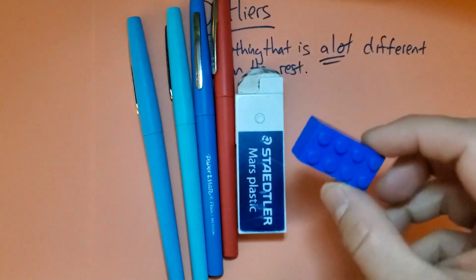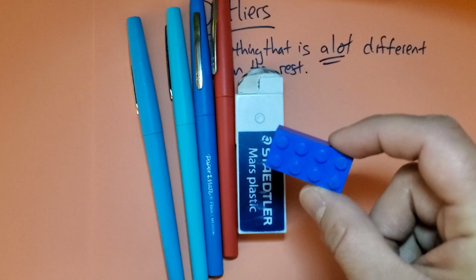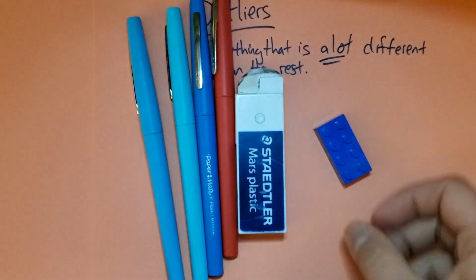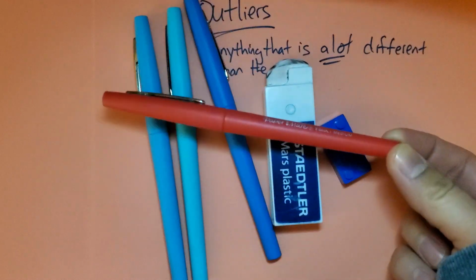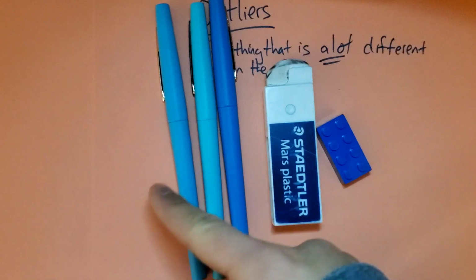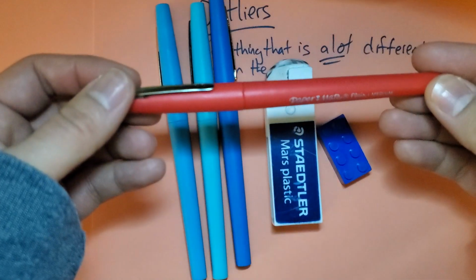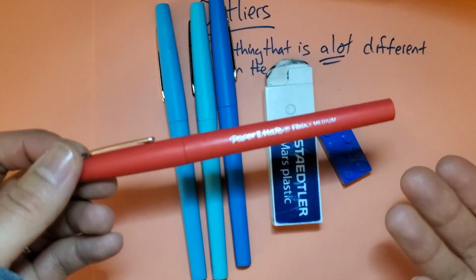Therefore, this piece of Lego is the outlier. All right? A different argument could be made, though. Different argument could be made that this is the outlier because blue, red. All right? That's a valid argument.